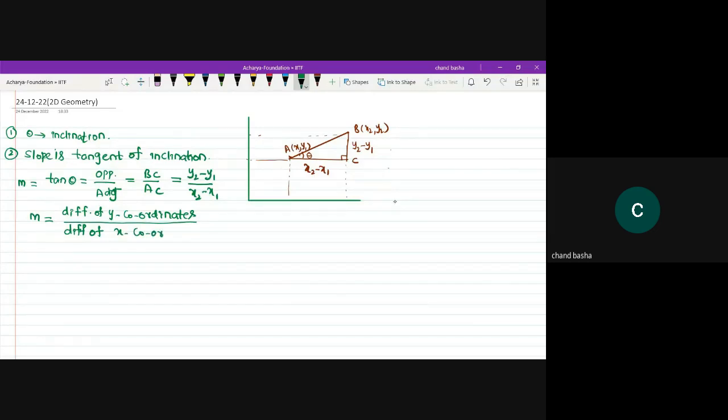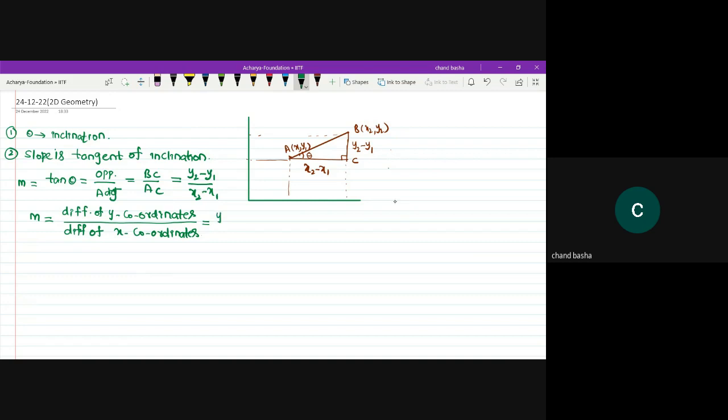And you cannot interchange its numerator and denominator. Sir, I want to take the x coordinates first in the numerator and y coordinates in the denominator. No, you cannot do it like this, because the inclination, in Hindi we can call it dhalan, is like sliding, right? It slides. So it is a difference of y coordinates upon difference of x coordinates.